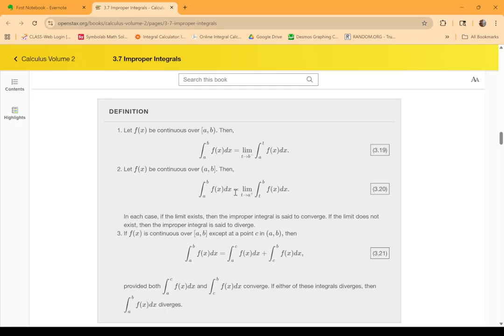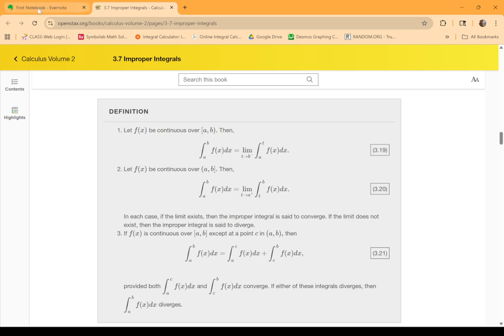And if it's somewhere in the middle, then we split it up as we've done before, and it becomes one of the first two cases. If the value C is somewhere inside AB, then we split up the integral at C, and then part 1 and 2 of the definition applies.